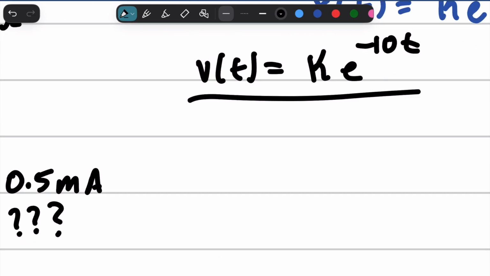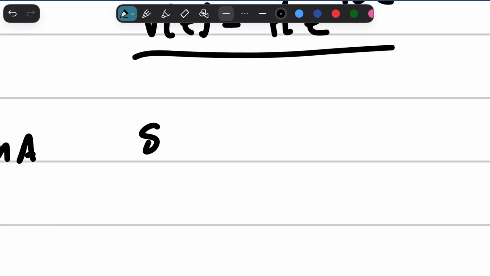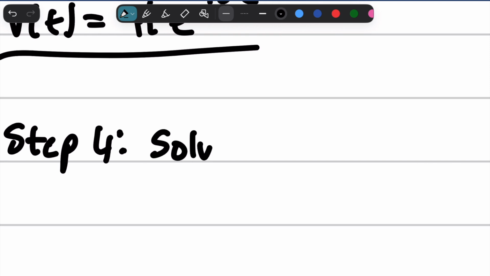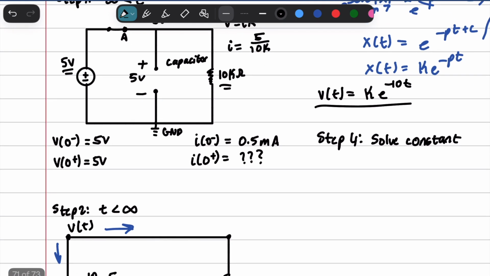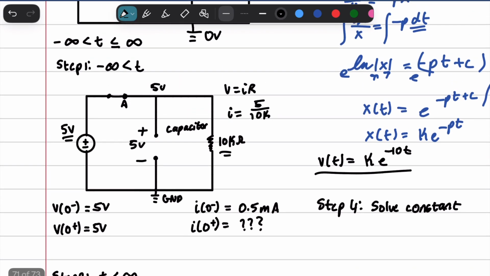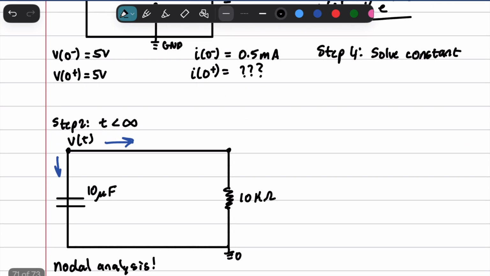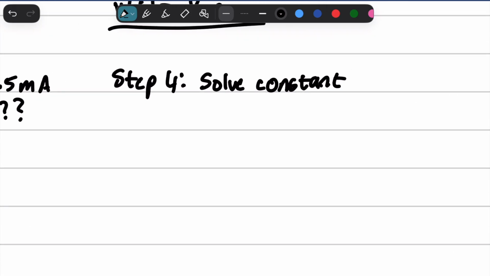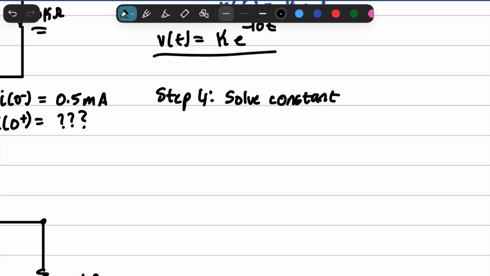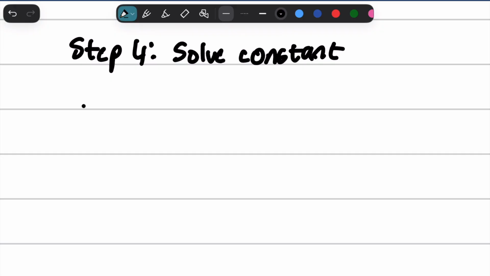Why? Well, we are in step 4, solve constant, right? And remember at which portion we are at, okay? We are at the t to infinity stage. Therefore, we're on the right side of the origin. Sorry, I'm tired, guys. So we are going to use v of 0 plus, okay?